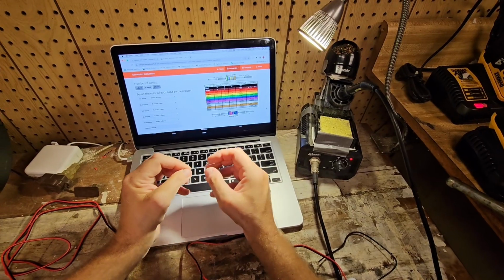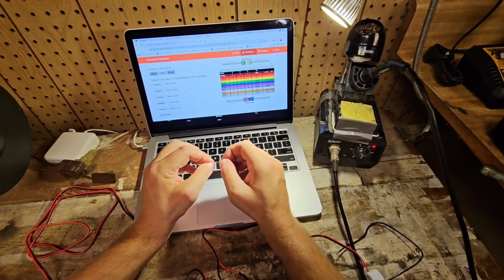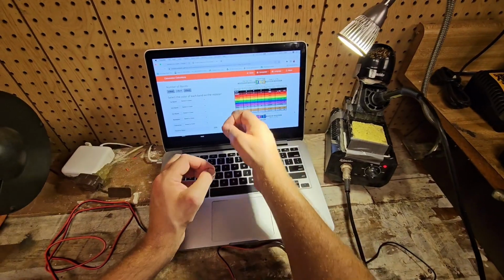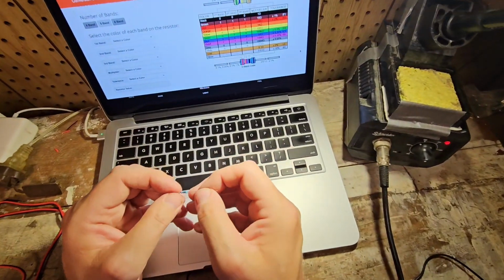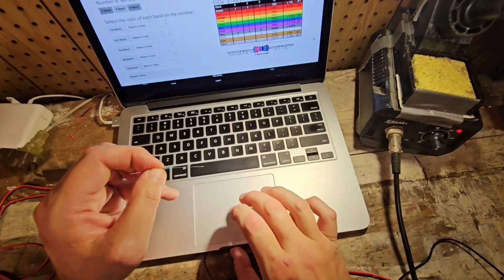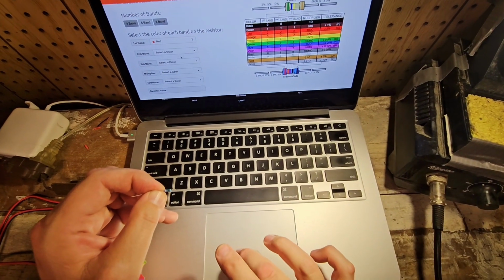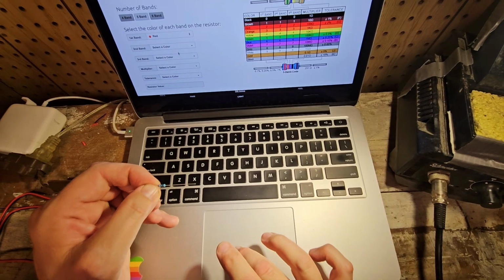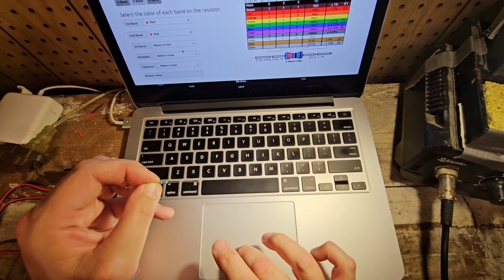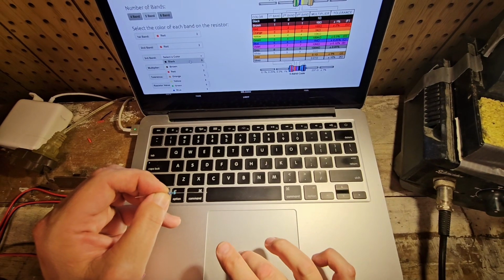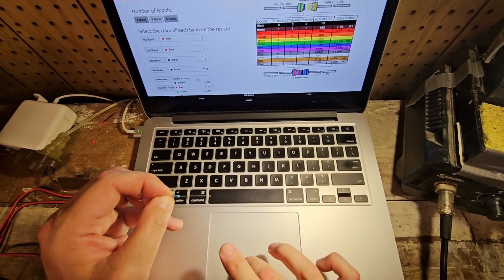You can pick a resistor based on your needs, but we are using what I have. And the way to read the resistor that you have is by the color bands. We currently have a red, another red, a black, and a gold.